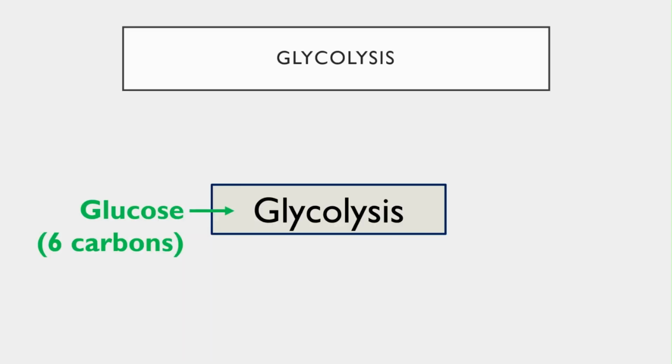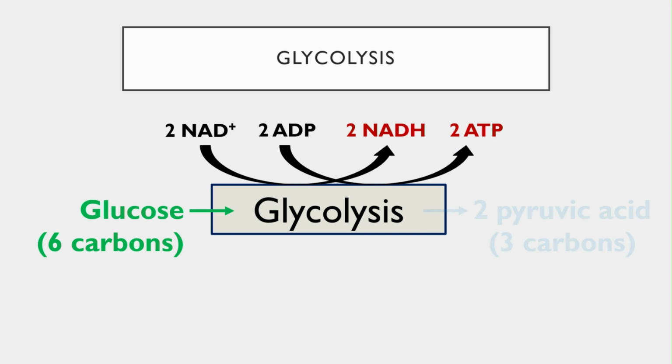Glycolysis is the metabolic pathway that converts one molecule of glucose into two molecules of pyruvic acid. You may see pyruvic acid also called pyruvate, but for all intents and purposes we are describing the same thing. Along the way, two NADH and two ATP are generated. And remember, we're keeping track of both of these molecules as well.